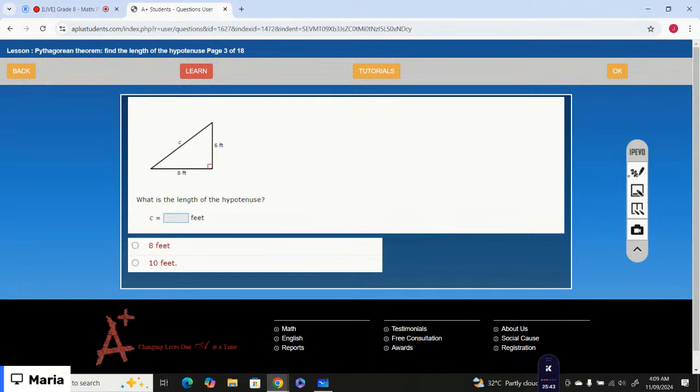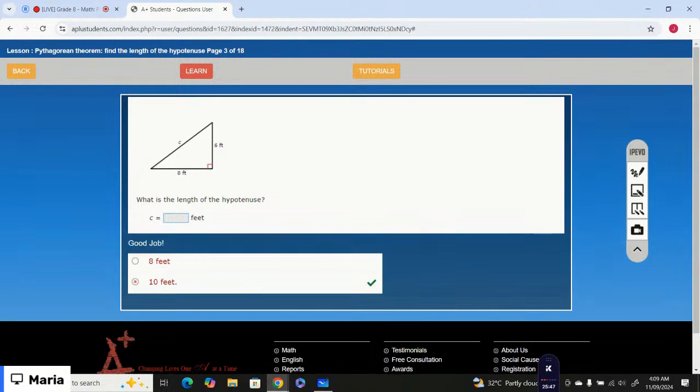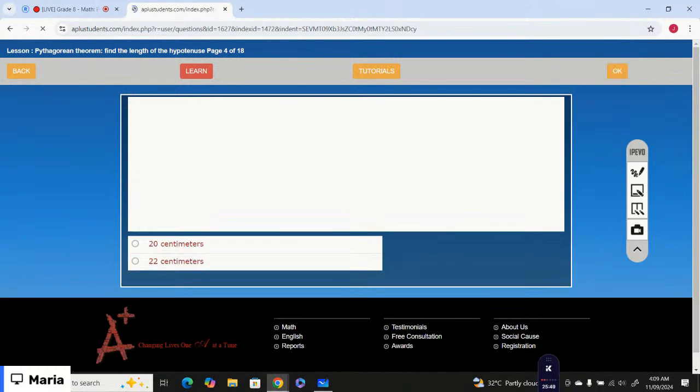Option number 2 is the correct option, right? 8 square plus 6 square equals 100, and you need to calculate the square root, that is 10 feet. Okay, the next one is, what is the length of the hypotenuse? So which is the correct option?